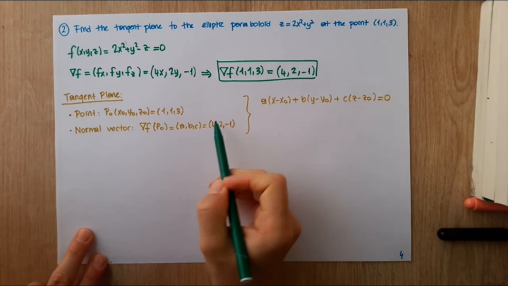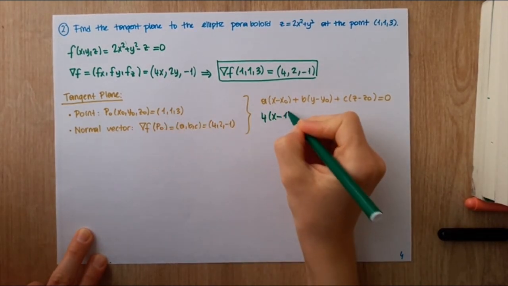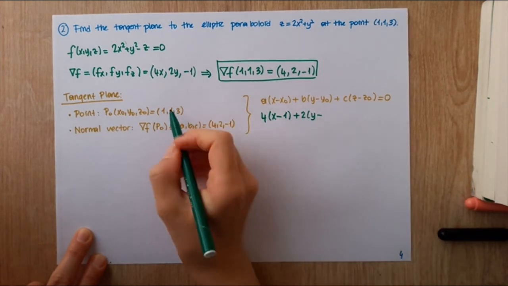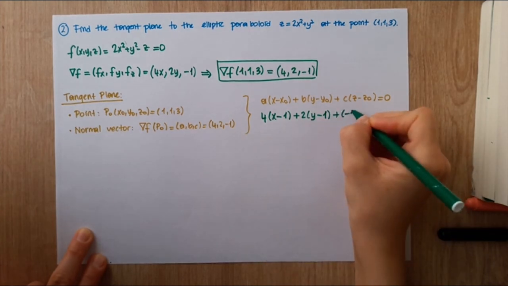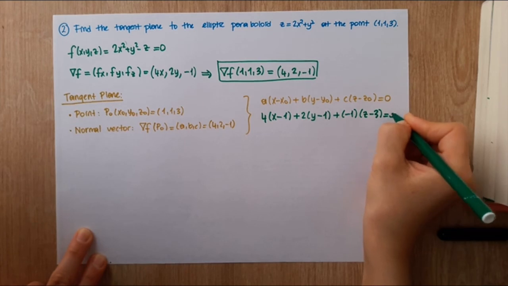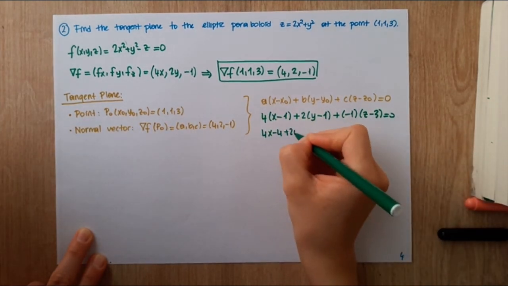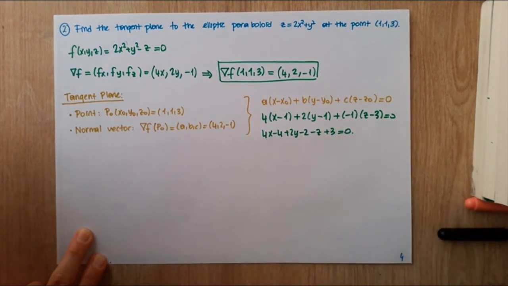A is 4, so 4 times x minus 1, plus B is 2, y minus 1, plus C is minus 1 times z minus 3. So we have 4x minus 4 plus 2y minus 2 minus z plus 3 equals 0.